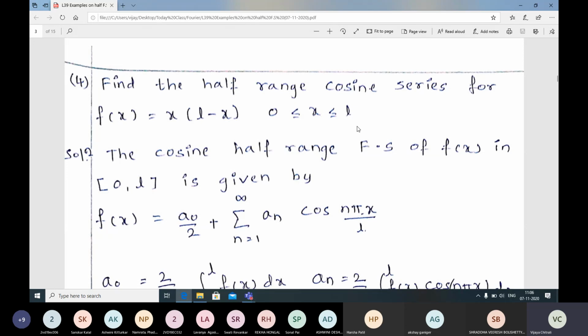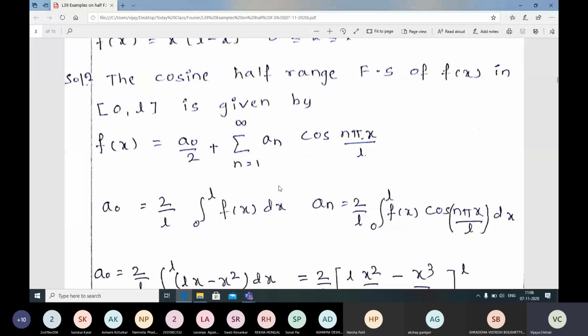The cosine half range Fourier series of f of x in 0 to L is given by f of x is equal to a naught by 2 plus summation n is equal to 1 to infinity a n cos n pi x by L. We need to find these two constants a naught and a n, where a naught is equal to 2 by L integration from 0 to L f of x dx, and a n is 2 by L integration from 0 to L f of x cos n pi x by L dx.